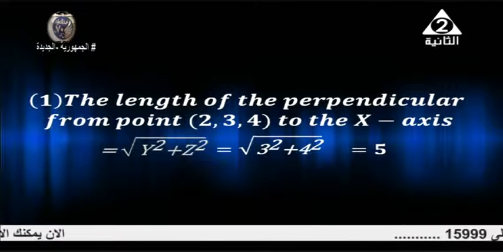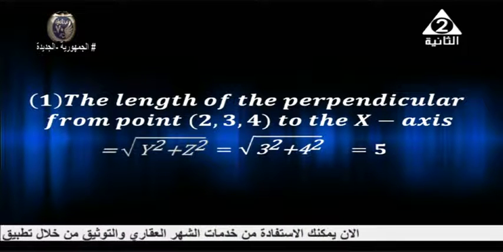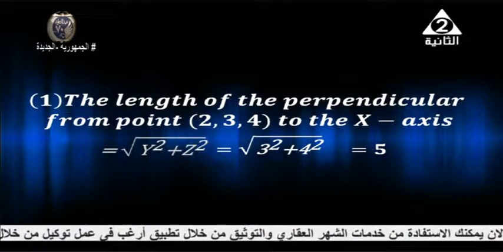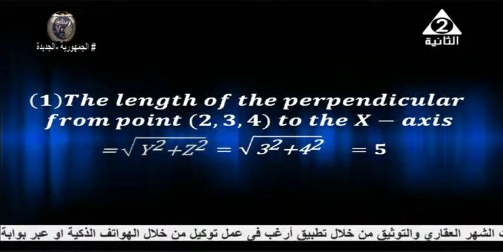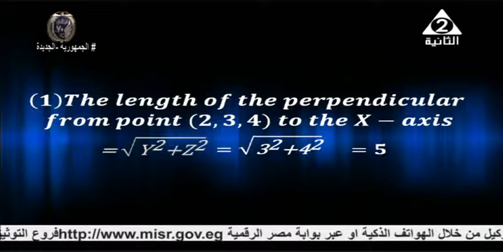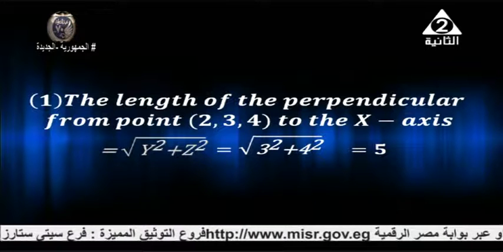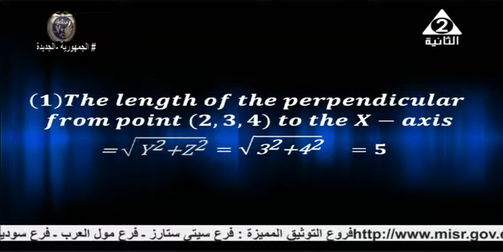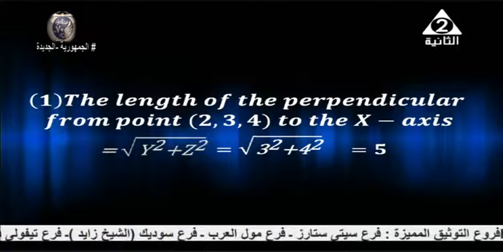But in this case, to the x-axis, we have the x component, y component, z component: 2, 3, 4. Then the required length is the square root of y squared plus z squared, which equals 5.